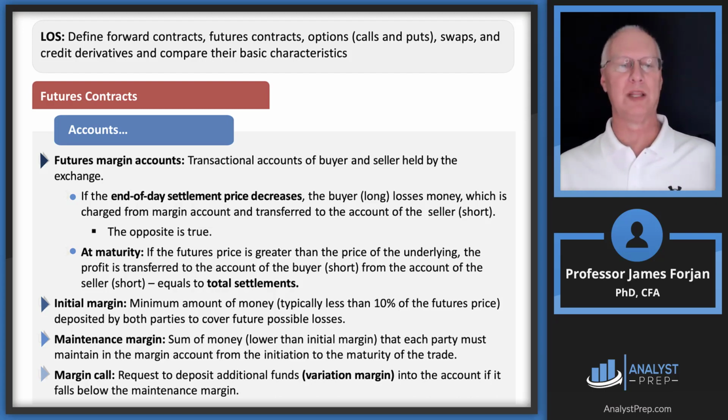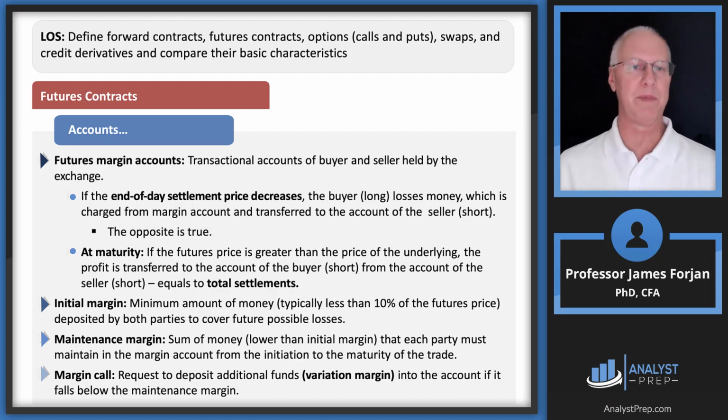And what happens? Then at the end of the first day, if the price changes by $5, well, then the clearinghouse just takes $5 from one party and hands it over to the other, which means at the end of that first day one party has $95 and one party has $105. All right, so that's okay. That's the initial margin. Well, there's also something called a maintenance margin, and maybe the maintenance margin in my example might be $80.